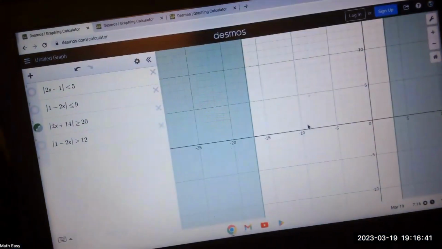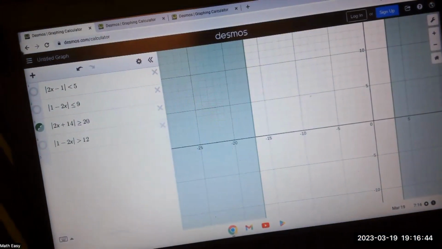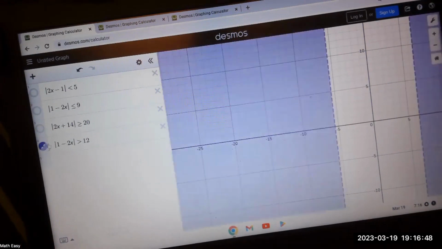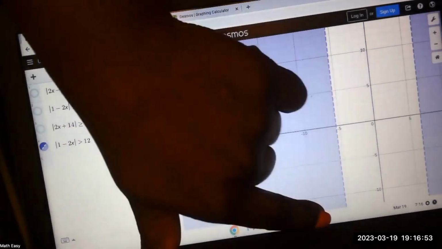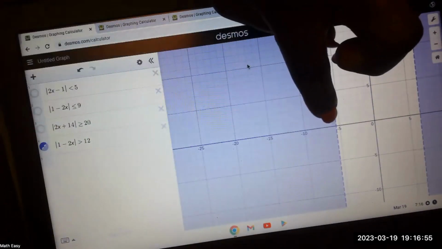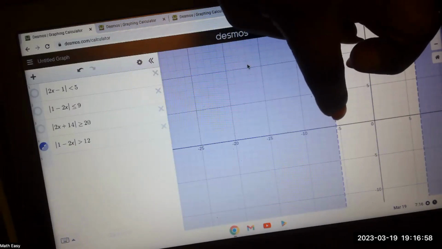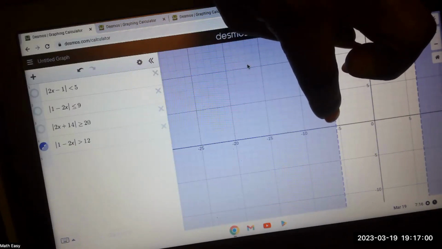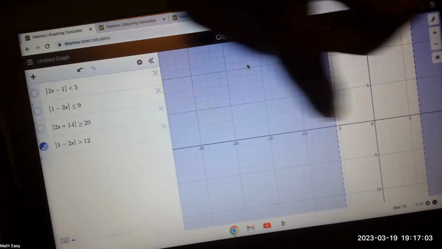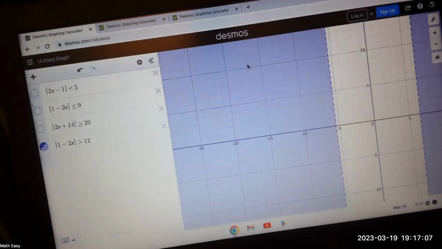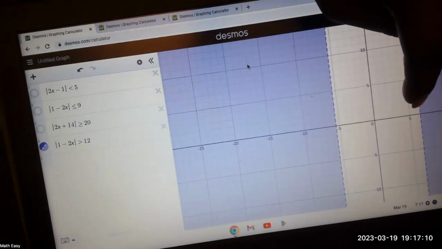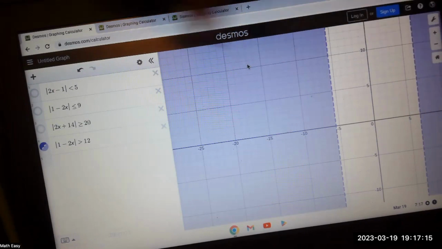Let's look at the other example there. For this example, again, it's greater than, no equal to, so we expect a dotted line. Here, it's like -5.5, so -infinity to -5.5. And then it starts at 6.5 to +infinity.